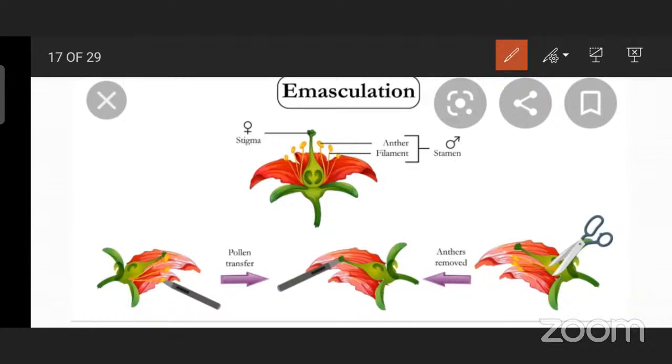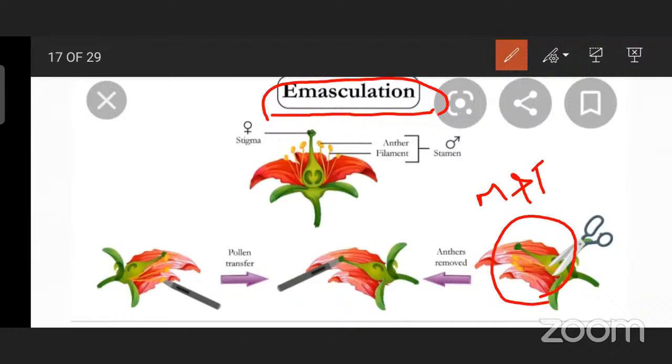So see here, first one, artificial hybridization, emasculation. So what is emasculation? See here, the female parent bears bisexual flowers. That means male and female parts are present in one flower, that is a bisexual flower.